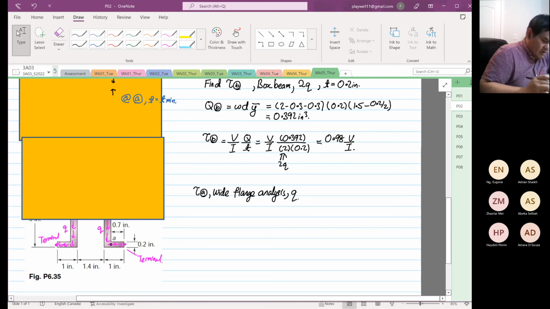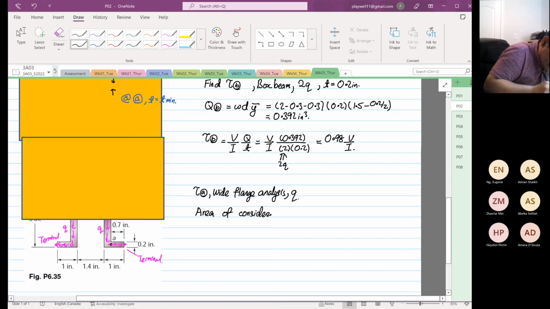Right, coming back to our problem now. So from here, what is the area to consider? Okay, so the area is relative from the terminal. I repeat again, the area to consider is relative to the terminal. So I'll put down here the area of consideration is relative from the terminal.